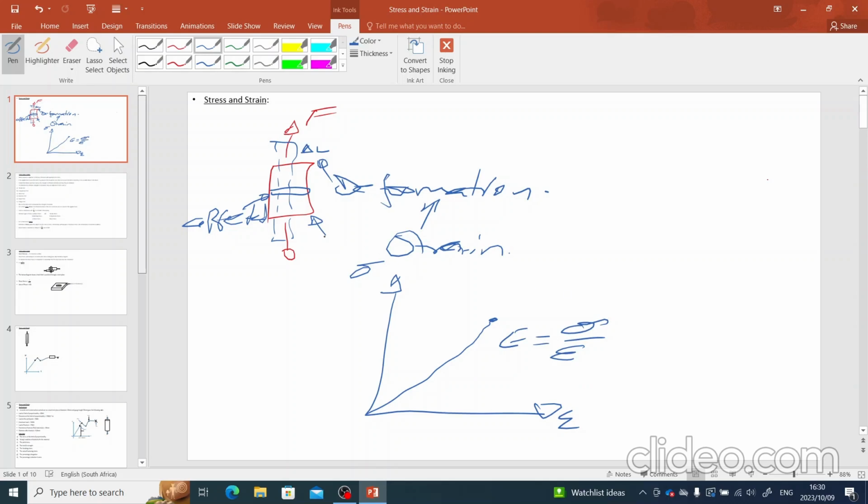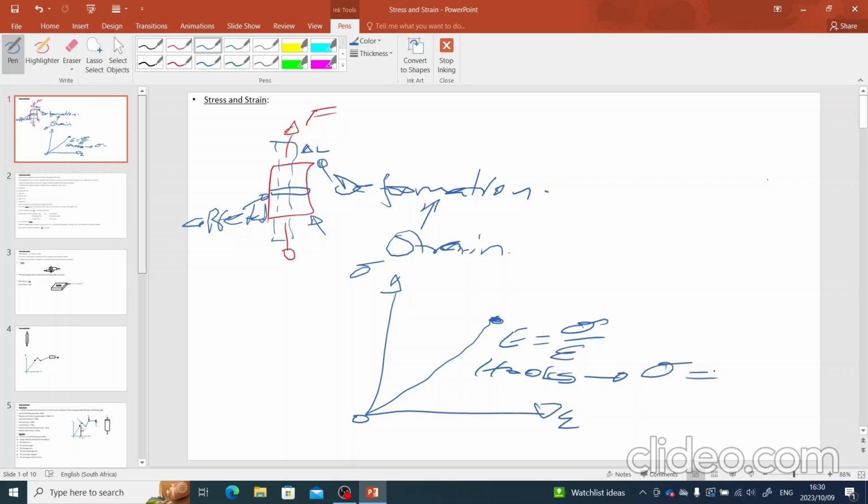Then we said before the deformation occurs, from this point 0 to that dot, that region is governed by Hooke's law. Hooke's law gives us the picture of the resistance of the applied force, that the force applied on this test piece will be resisted in this region. Why?